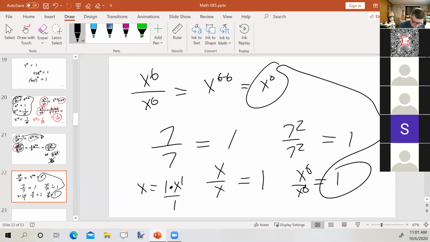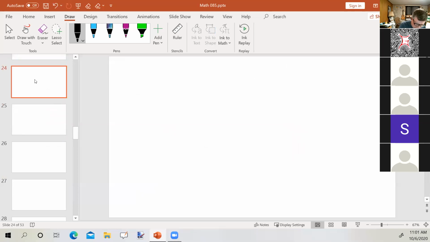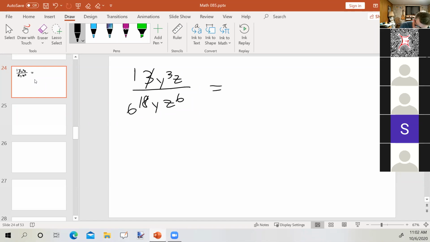You're welcome. Okay, here. Let's see. 3y cubed z over 18 y z to the 6th power. All right. So 3 over 18 is 1 over 6.